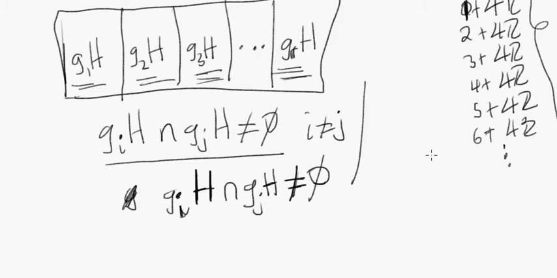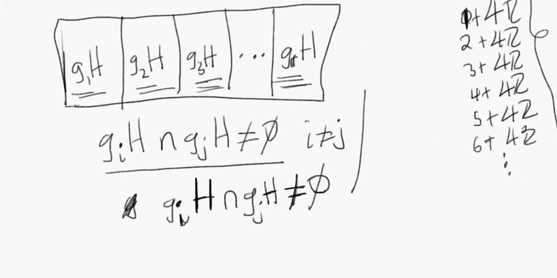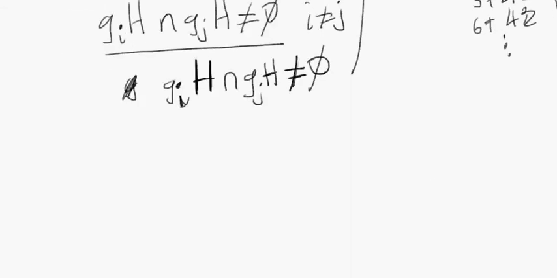I mean, what could possibly go wrong here? Well, what could possibly go wrong is that we have some partition Pi, which is GiH, and some partition Pj, which is GjH, such that the intersection is not empty. So if the intersection is not empty, then we have a problem because now we don't have pairwise disjointness. But let's ask the question, what does it mean for two cosets to have some element in common?